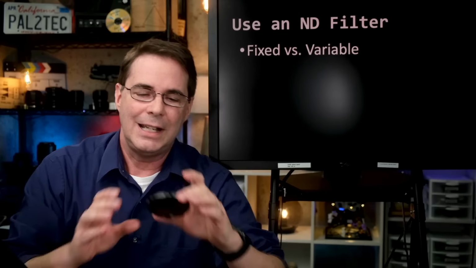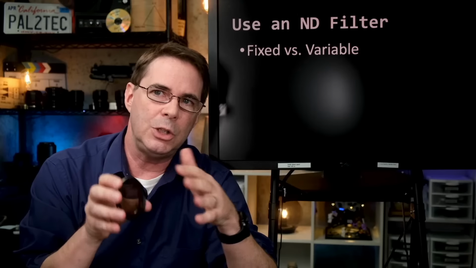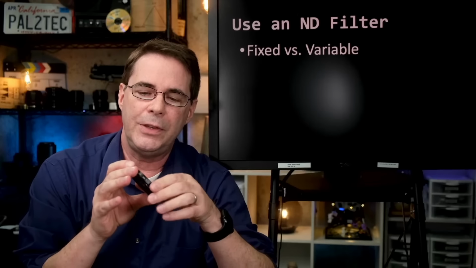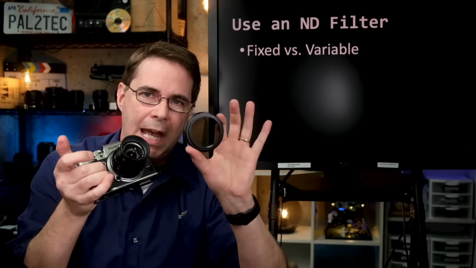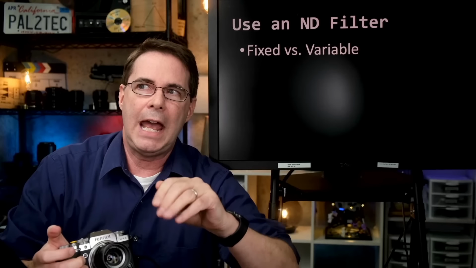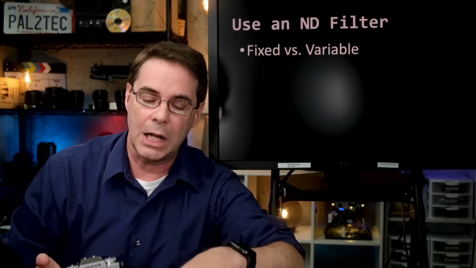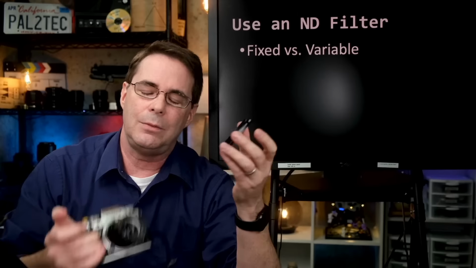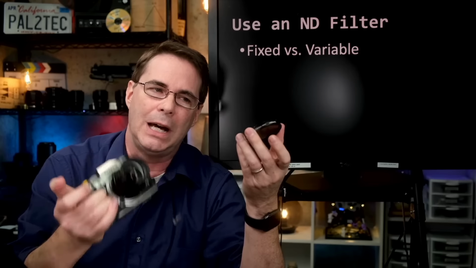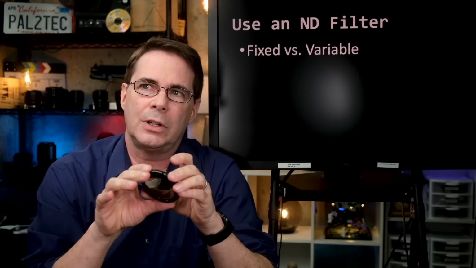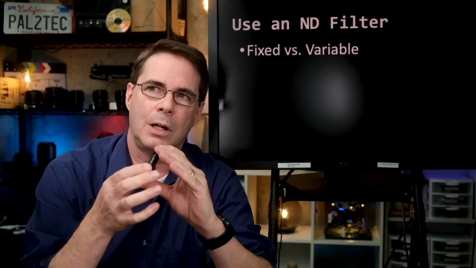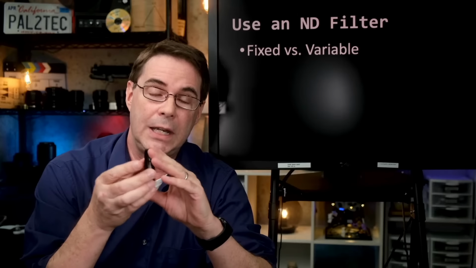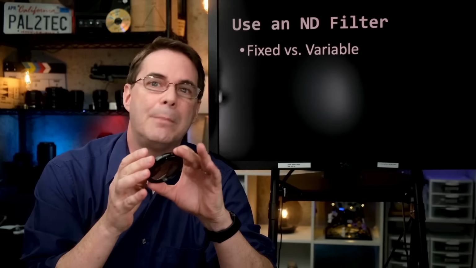Keep in mind that the cheaper you get with ND filters, this can sometimes add color cast to your footage. And it can be corrected in post-production, but you want to get it as correct in camera as possible. So an ND filter is one of those things that if you are going to be shooting video a lot, is a must-have.